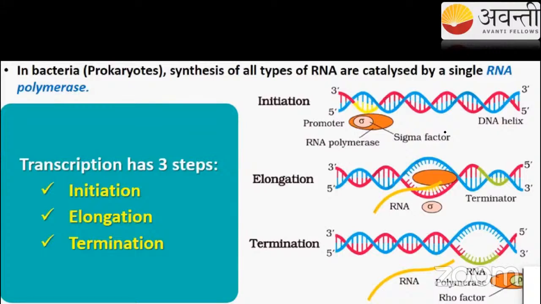Rho factor. Okay, guys. For the starting, it requires the sigma factor to identify the promoter. So the RNA polymerase will bind to the sigma factor only for finding the promoter.